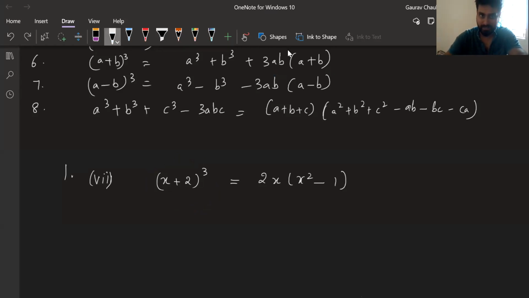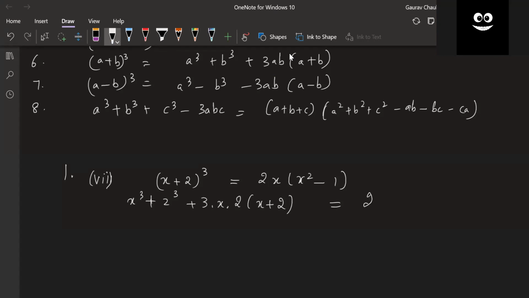So I'll get x cube plus 2 cube plus 3 into x into 2 bracket x plus 2. Right side also I'll open up the bracket.